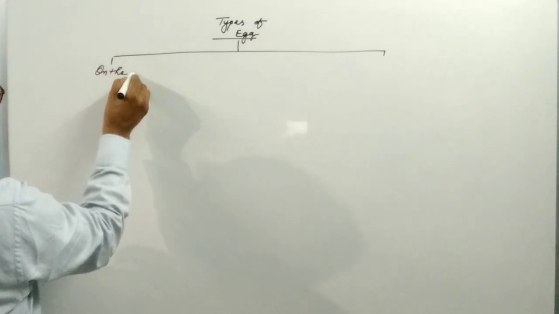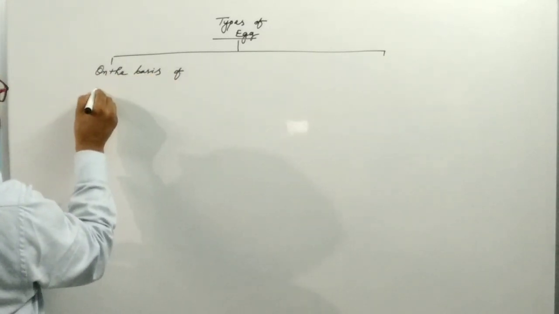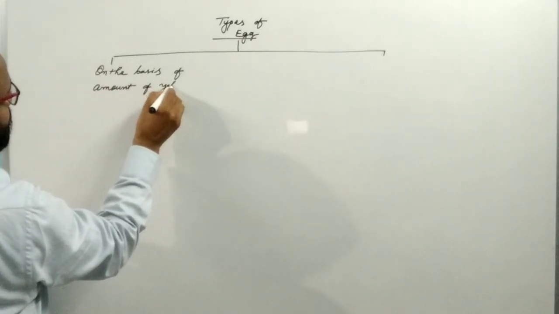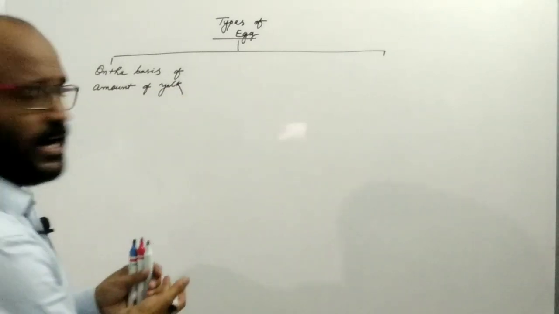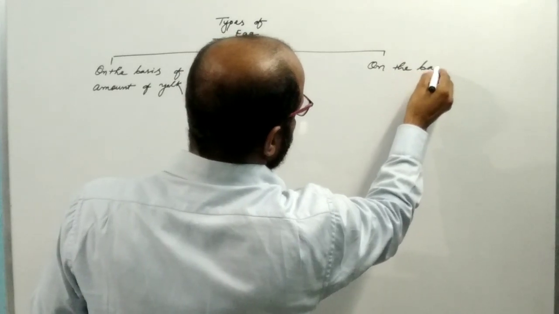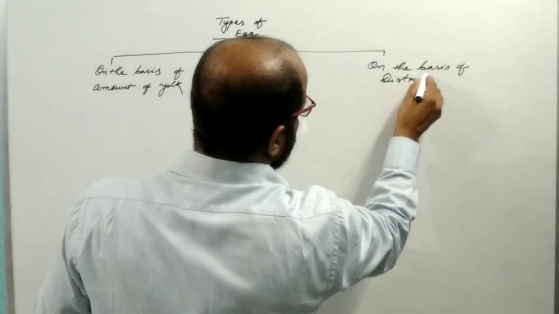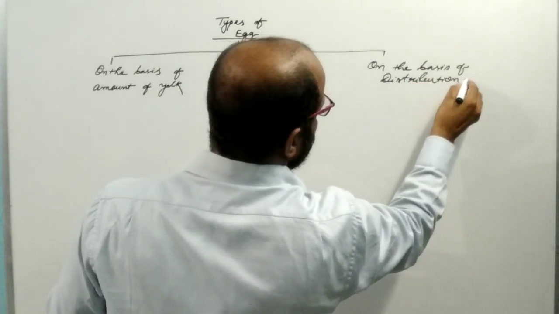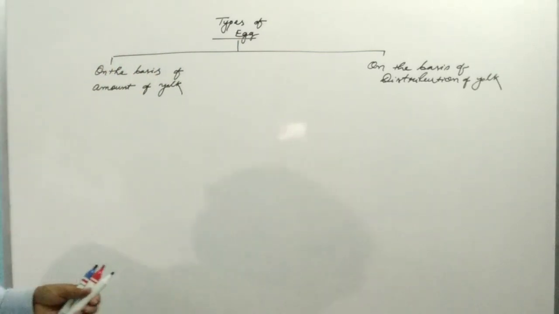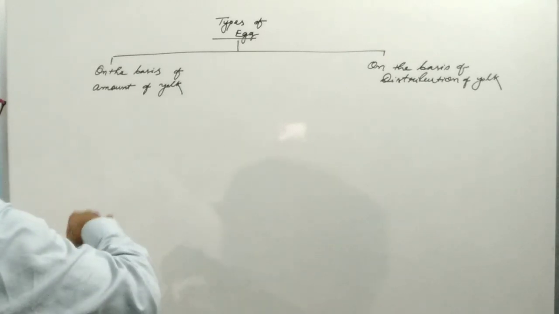One is on the basis of the amount of yolk, and another is on the basis of distribution of yolk in the ooplasm.